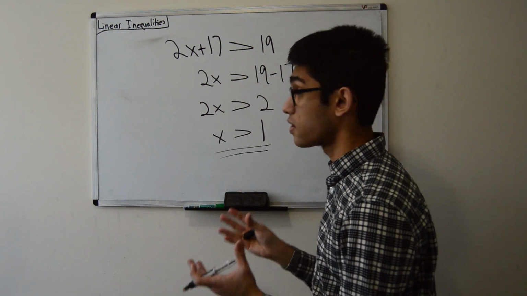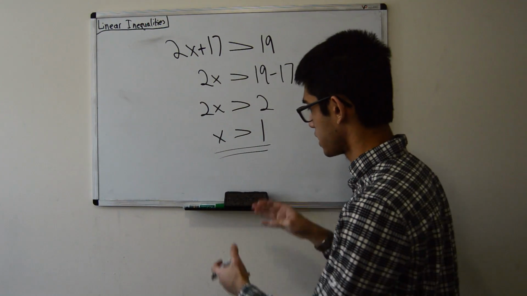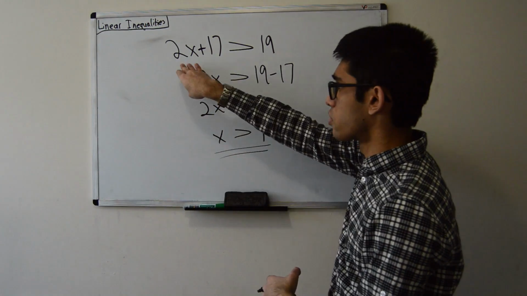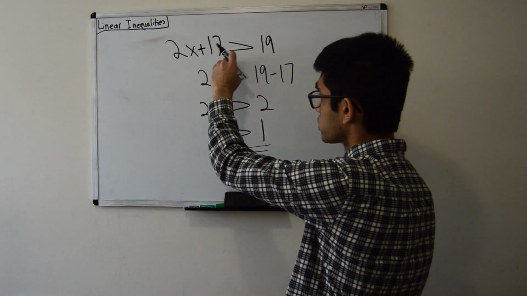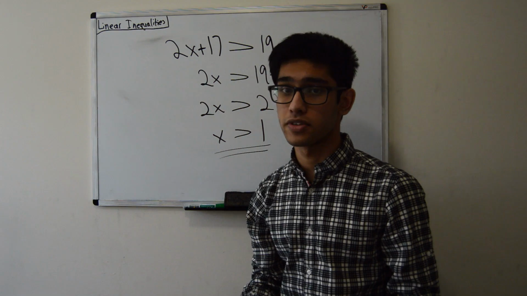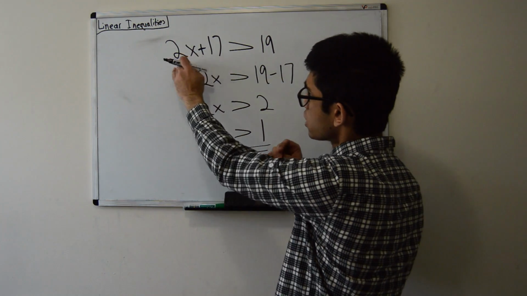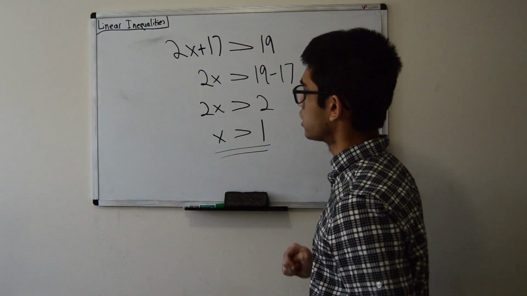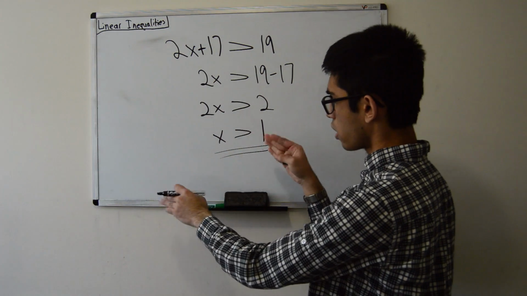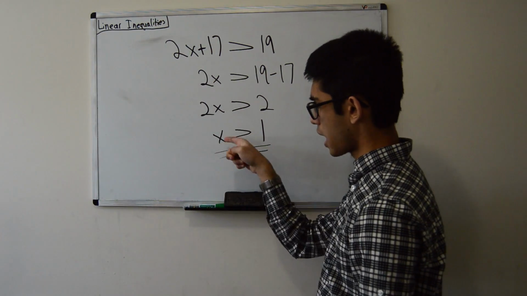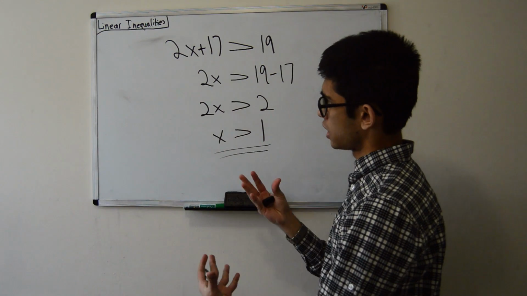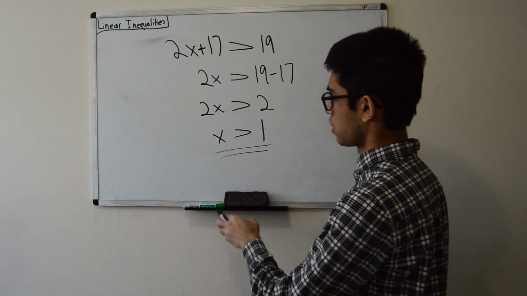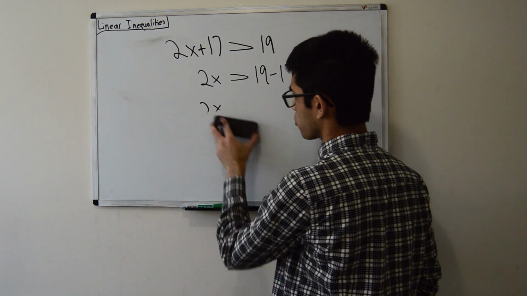We know that we've done this inequality correctly, because for any number greater than 1, if we plugged in 3, 2 times 3 is 6, 6 plus 17 is 23, and 23 is greater than 19. That's the purpose of an inequality. We found all the numbers that will satisfy this inequality. So any number greater than 1, not including 1, would satisfy this inequality. Alright, let's do a couple more examples.